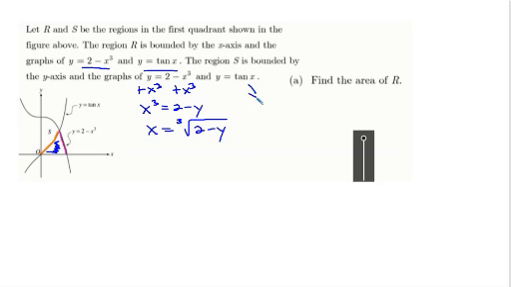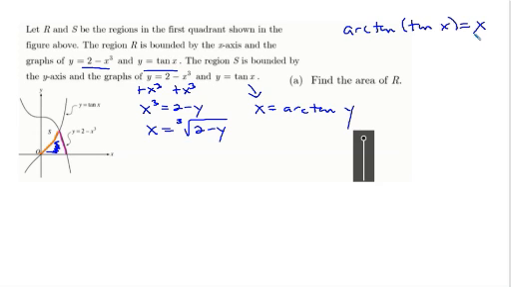Solving this one for x means that x is equal to the arctangent of y. Take the inverse tangent of it. If I take the inverse tangent of both sides, remember, if I do the arctangent of the tangent of x, I just get x. So if we take the arctangent of both sides, we get it.